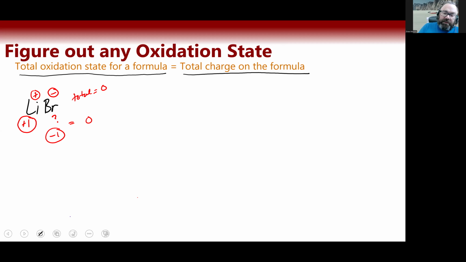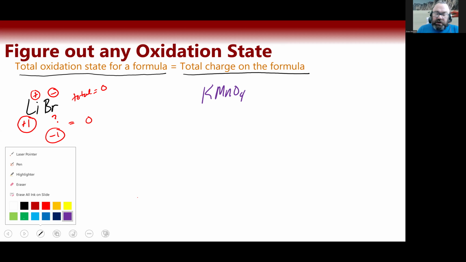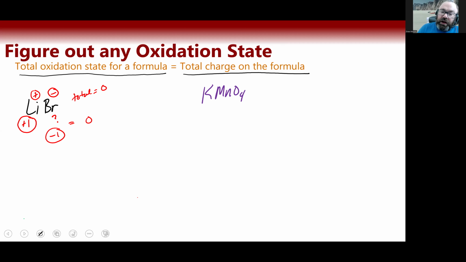The other one I kept throwing at you was KMnO4, potassium permanganate. You will see MnO4 a lot because it's very well used in redox reactions. If we break this down, potassium is in group 1, so it has to be +1. The oxygens have to be -2. There's no charge on the overall formula, so our total has to equal 0.